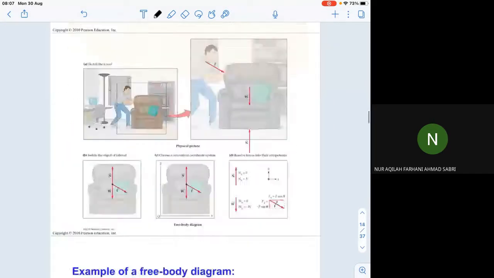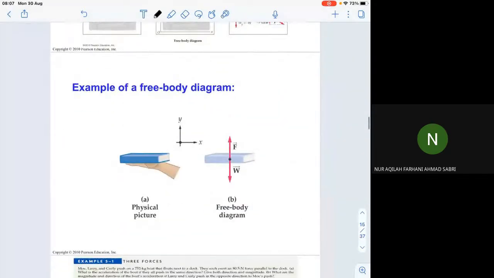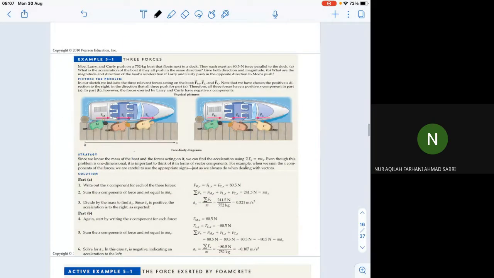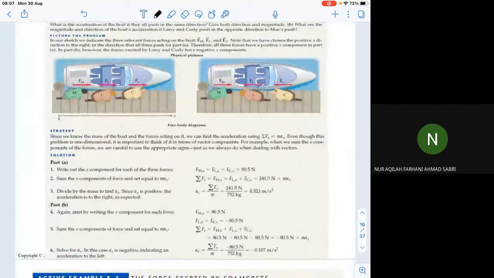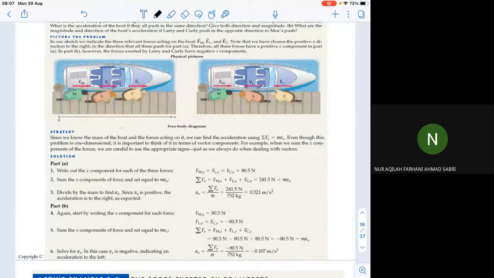Okay, so the examples of the free body diagram, and examples of how F equals ma takes place.